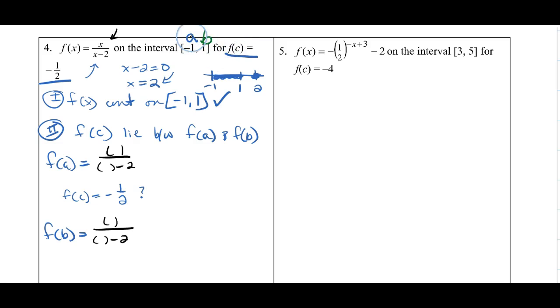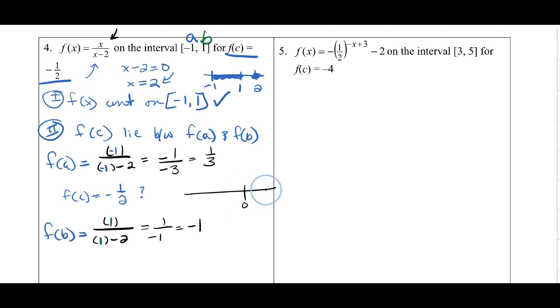A is -1, B is +1. Evaluating these, I get -1 over -3, or 1/3. Evaluating these, I get 1 over -1, or -1. Does -1/2 lie between them?